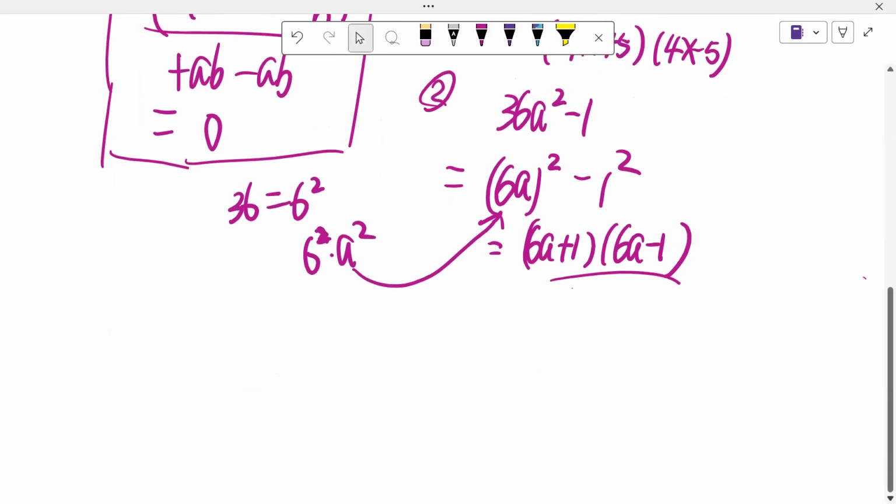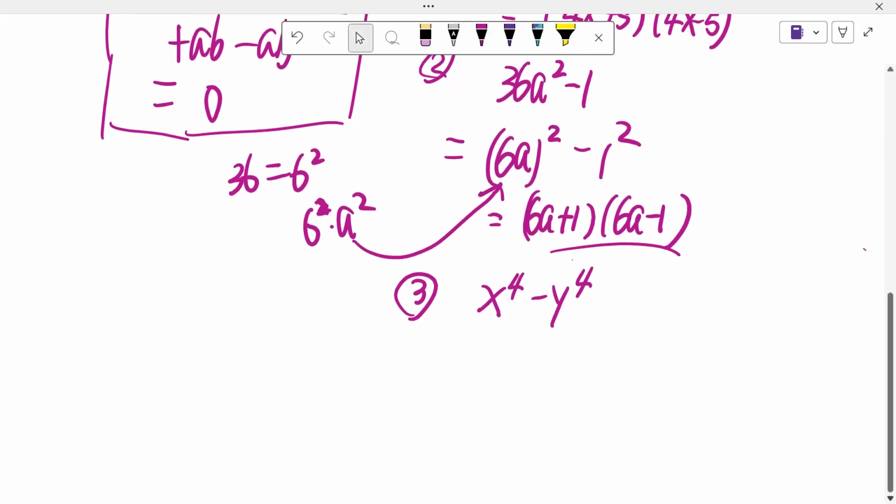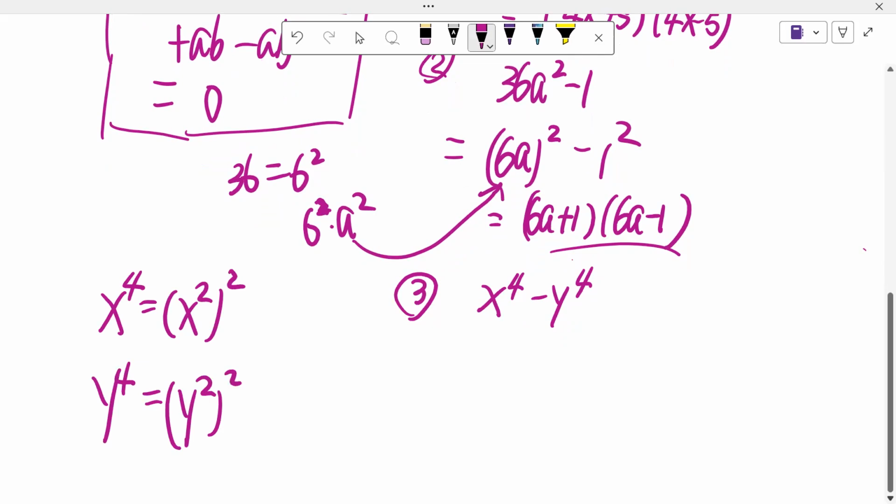Let's say we have x to the fourth minus y to the fourth. This still can be converted to a difference of two squares, because x to the fourth equals x squared squared, and y to the fourth equals y squared squared. Then we have x squared squared minus y squared squared.